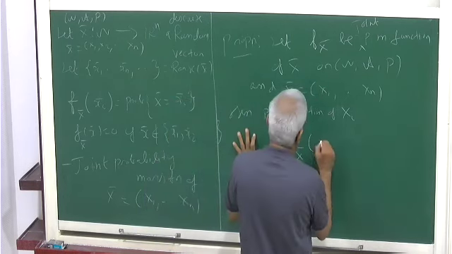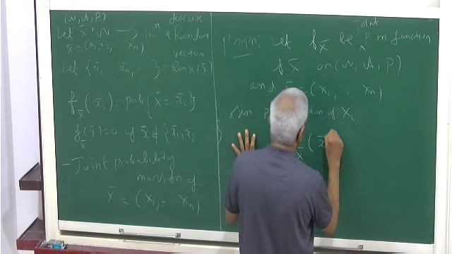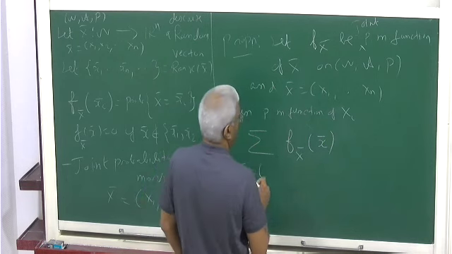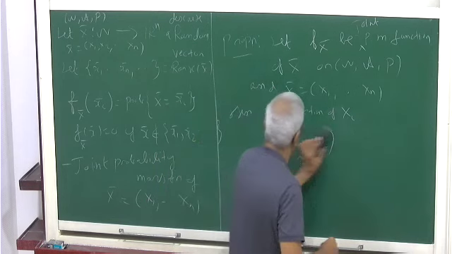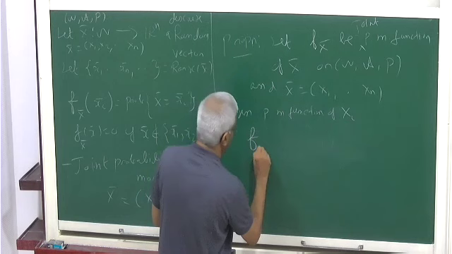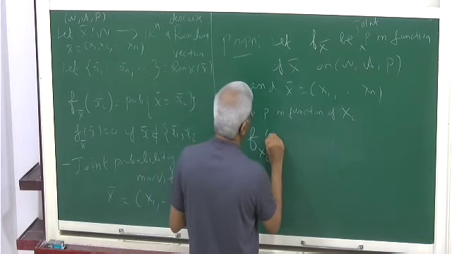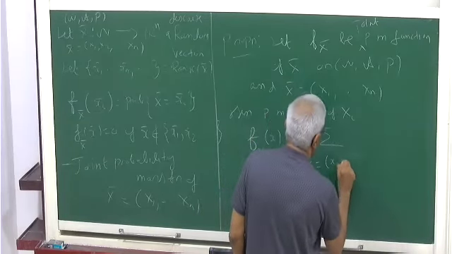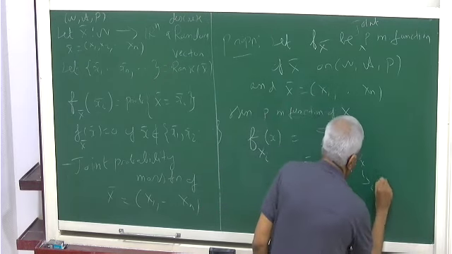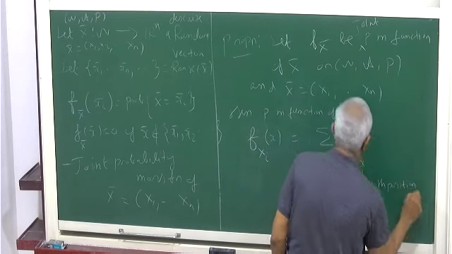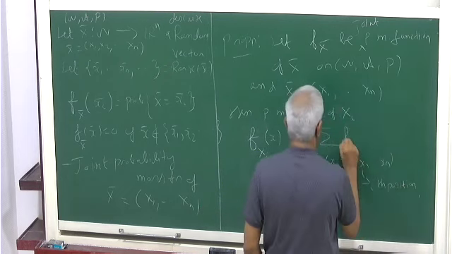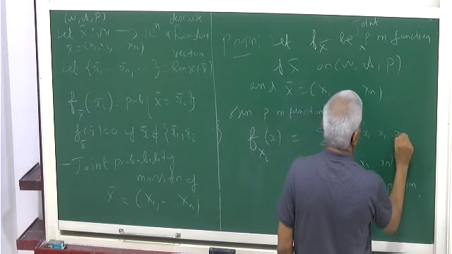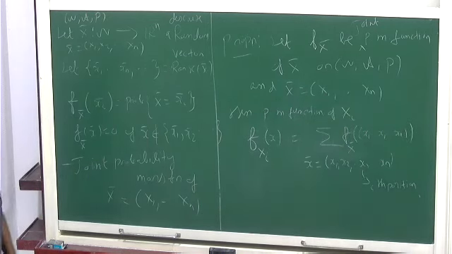The summation is over all those x bar such that x bar equals x1, x2, up to x at the ith position, up to xn, of f_x bar of x1 up to xn. The probability mass function of xi, which I denoted like f of xi at some x. The statement is clear.